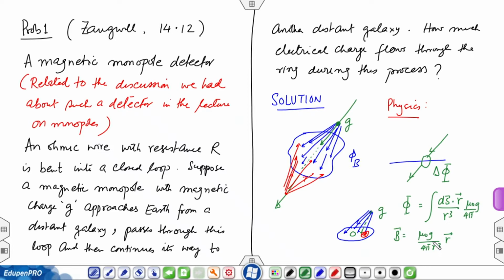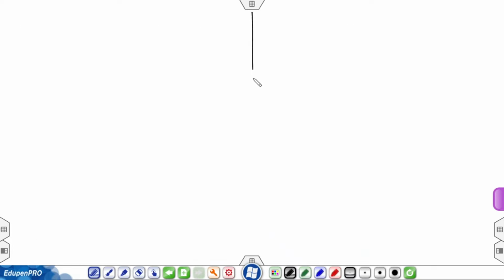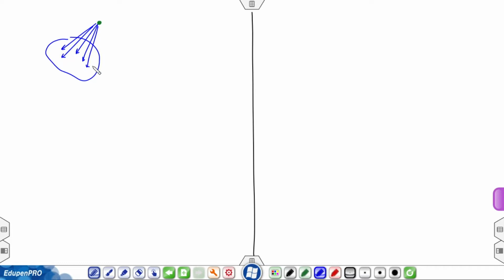So, let us see what is happening. I have this loop, magnetic charge G, and it has all these B field lines coming through, and I am taking the straight line down where it crosses as the origin.